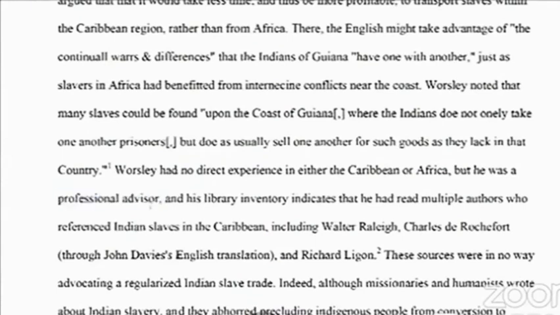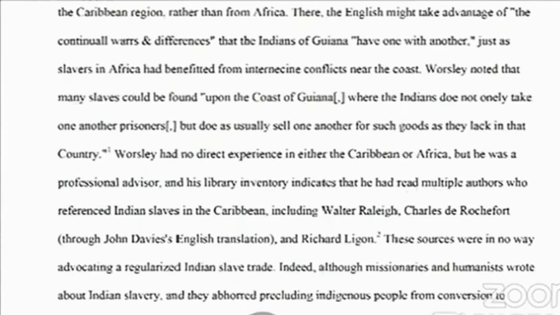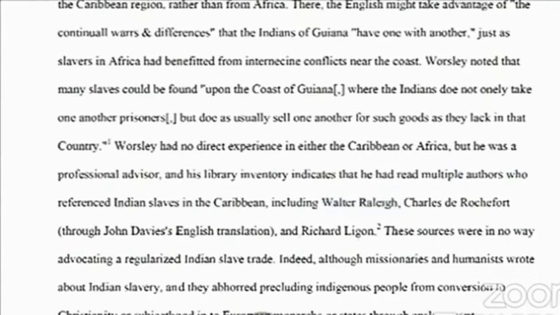He knew what he was talking about, and his library inventory indicates that he had read multiple authors who referenced Indian slaves in the Caribbean, including Walter Raleigh, we know that, Charles de Rochefort, through John Davis' English translation, and Richard Ligon.